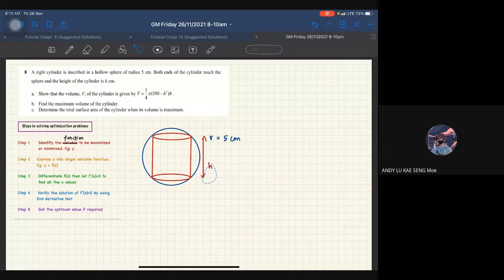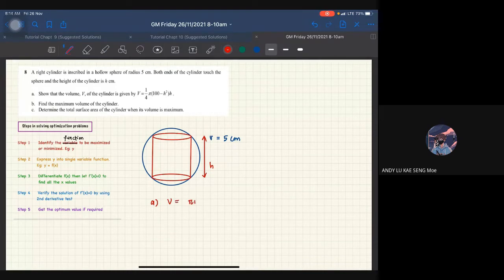Okay, so soalan apa sebenarnya? Soalan minta kita show that the volume V of the cylinder is given by V equal to blah blah blah. So what is the formula for volume of cylinder? Pi r square h. Okay, betul?